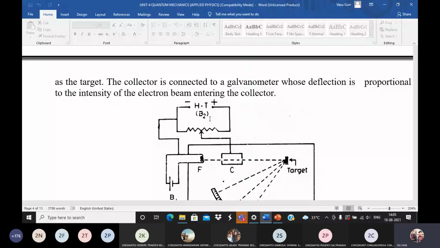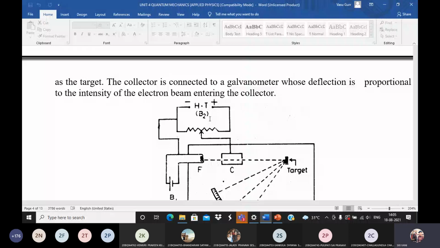The angle of the incident beam is 50 degrees. Next, when the electrons get scattered, that is the diffracted beam, it makes an angle of 65 degrees.